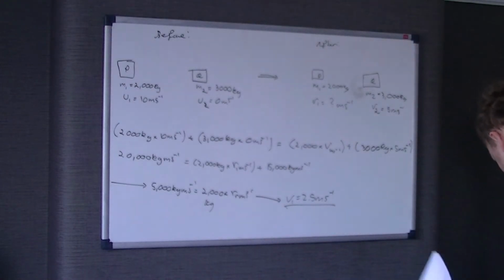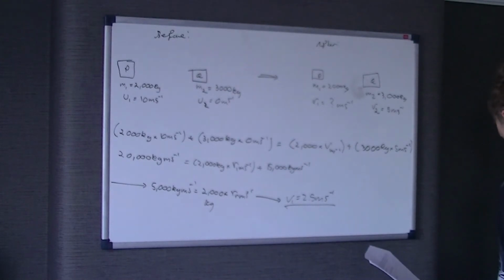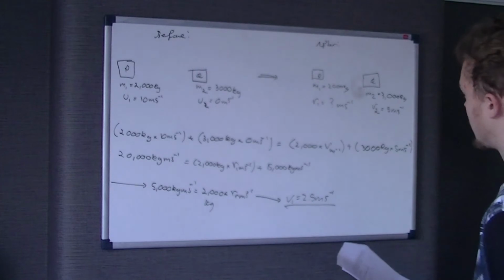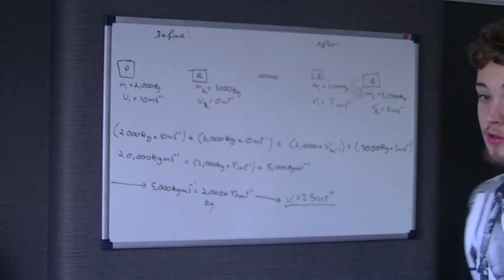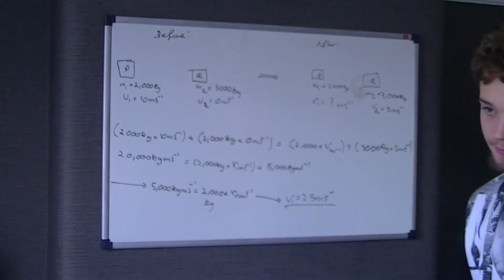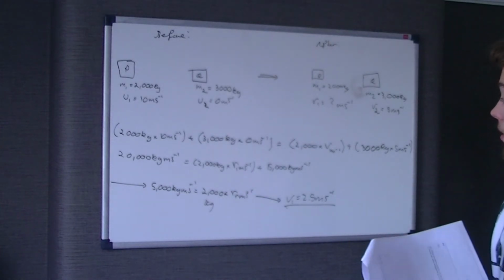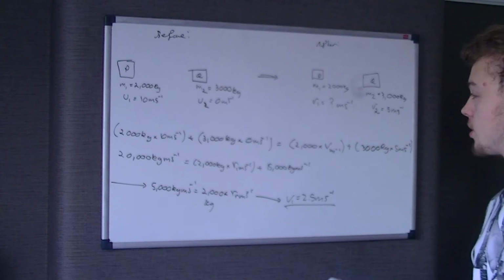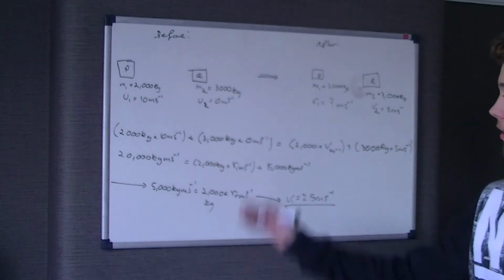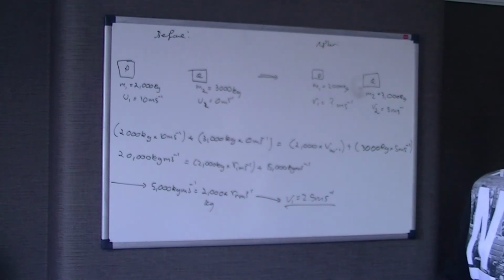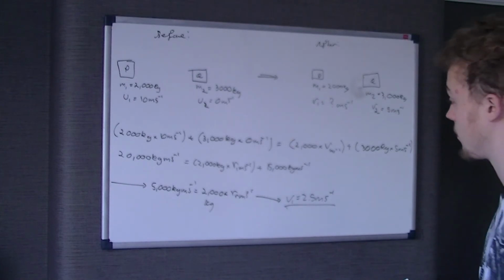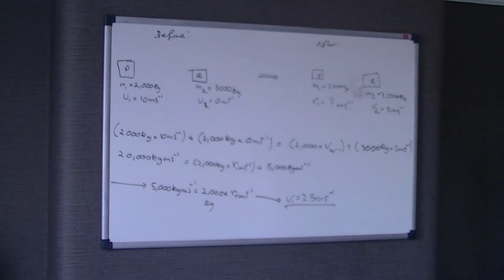Yeah, the mark scheme just allows you to do 3,000 kilograms times 5. But personally, just because you might get a tough examiner, I would do change in momentum equals momentum after take momentum before, and give an end answer of 15,000.